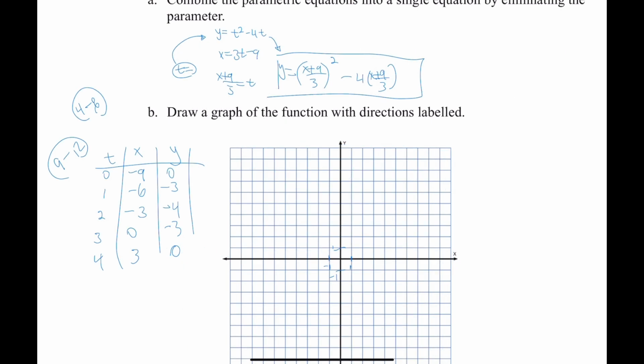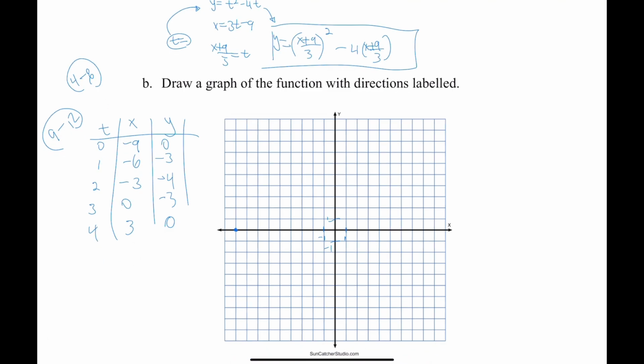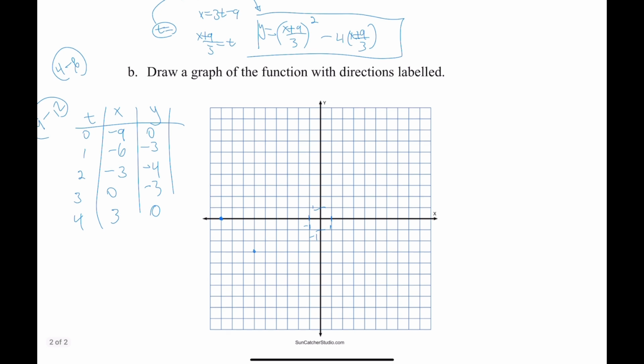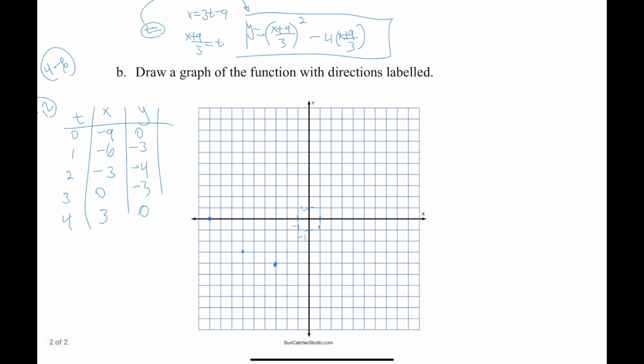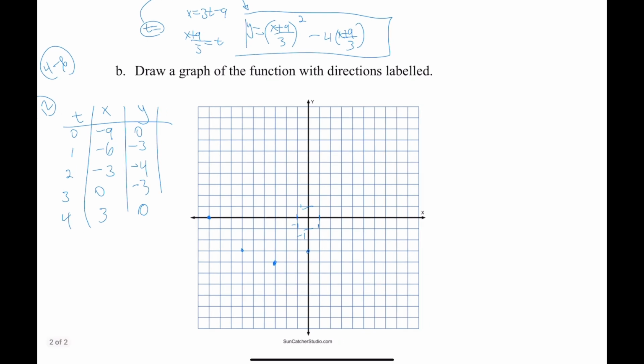Okay, so (-9, 0) is going to be right here. And then (-6, -3) is going to be right here. And then (-3, -4), right here. And then (0, -3), here. And then (3, 0).